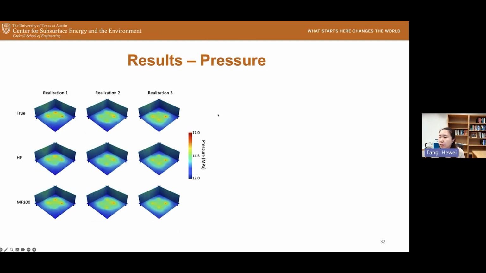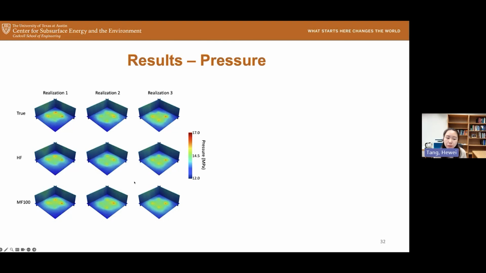So here I show the pressure prediction results. And at the first line, I show the simulation results for different realizations, and then the high fidelity model results and the multi-fidelity model results. So I use those multi-fidelity models fine-tuned by 100 high fidelity data.